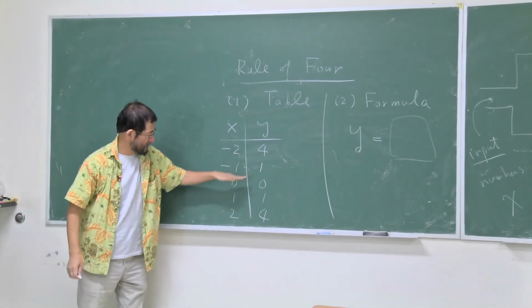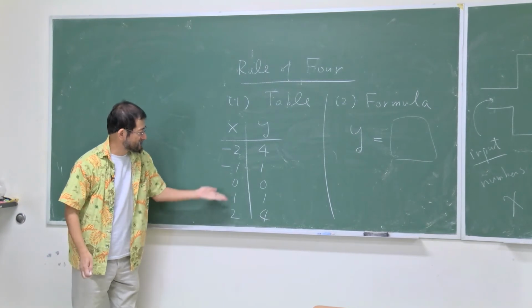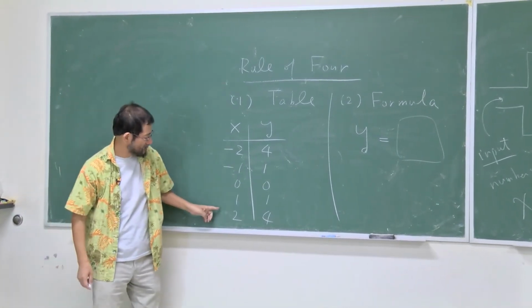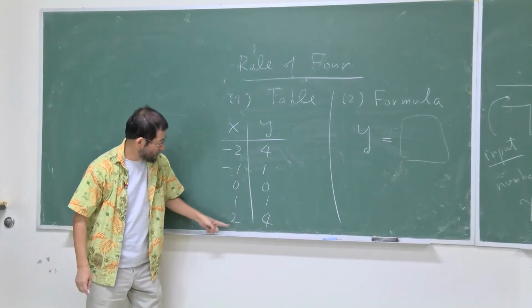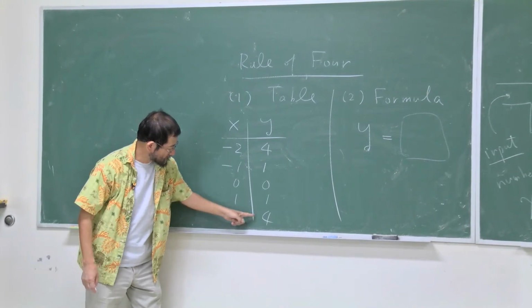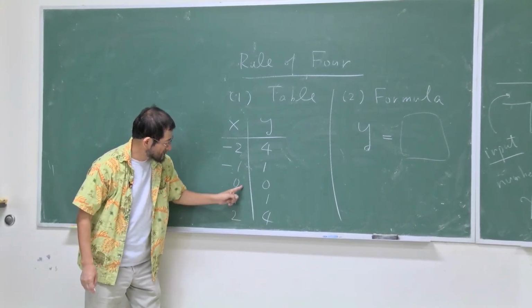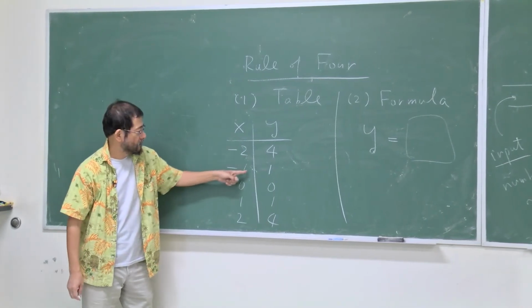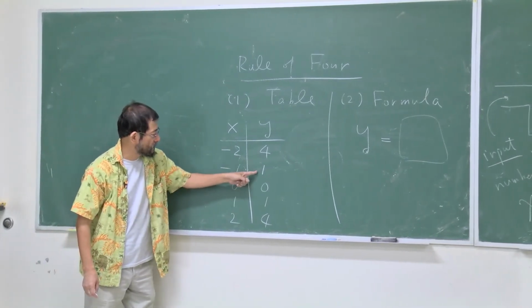If you naturally guess what's going on, you see that y is always, for example, this 4 is 2 times 2, the 1 is 1 times 1, and 0 is 0 times 0. In other words, it's just x squared. And also negative 1 squared is 1.